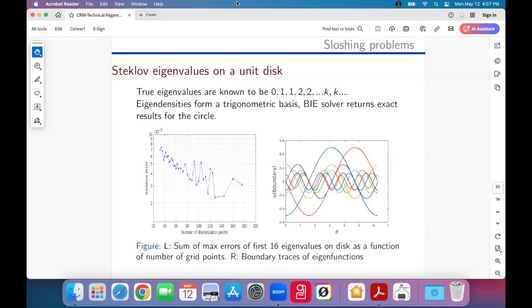So by the time you've got about 32 points on the boundary, your eigenvalues are correct to 15 digits. So that's incredible, right? I love this stuff. And on the right, you see the boundary traces of the eigenfunctions.